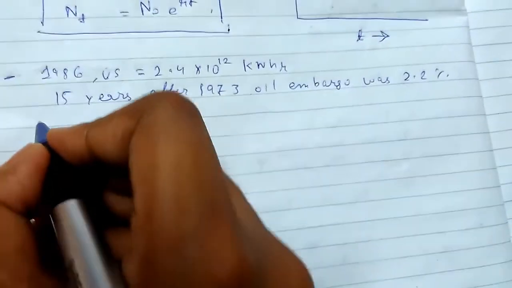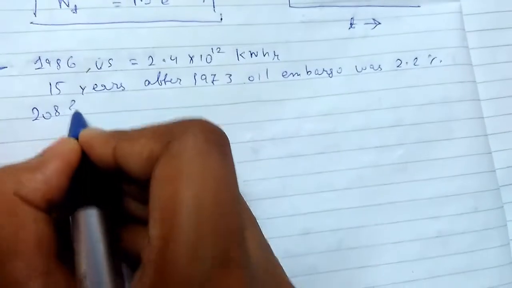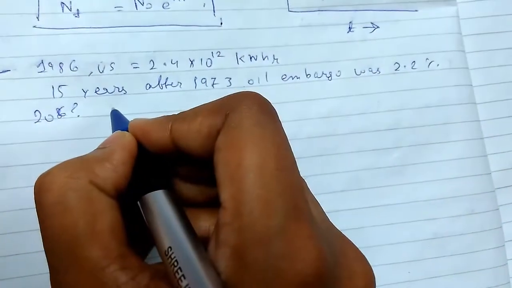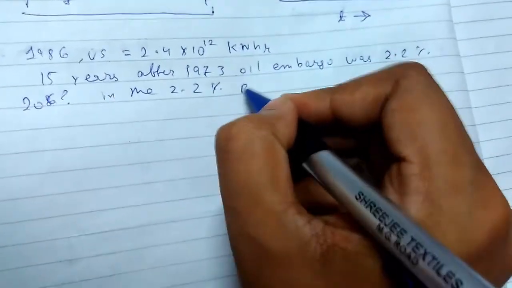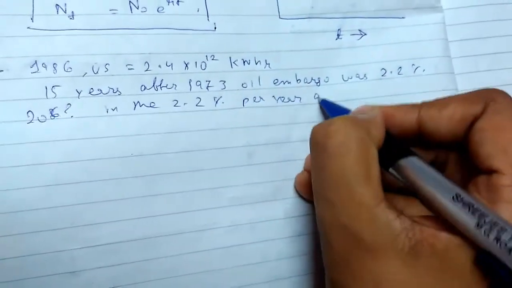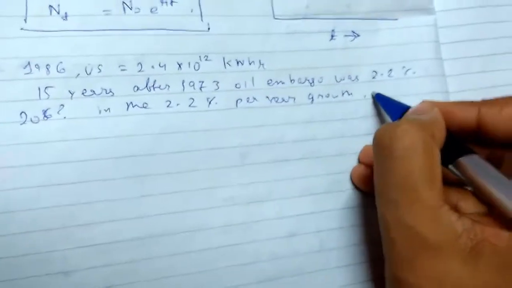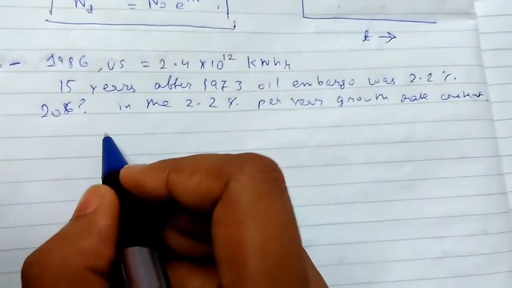Estimate the electric consumption in 2086 if the 2.2% per year growth rate remains constant. So now we'll just solve this.